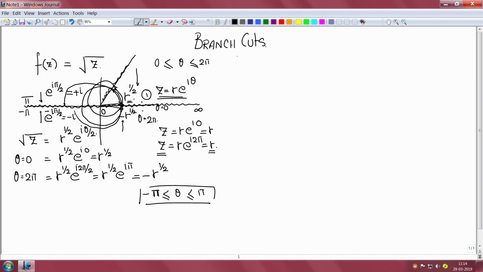Now we started looking at the next function which causes branch cuts. It is also a square root function, but that looks like square root of z square minus z0 square. We write this as square root of z minus z0 into square root of z plus z0.